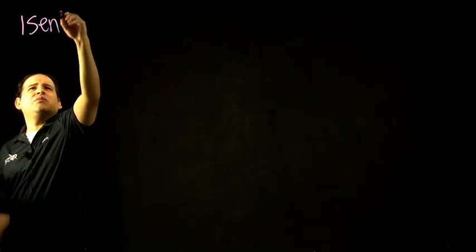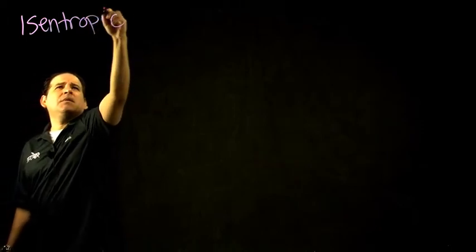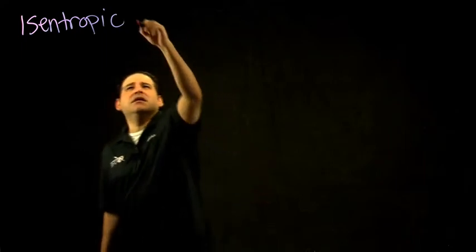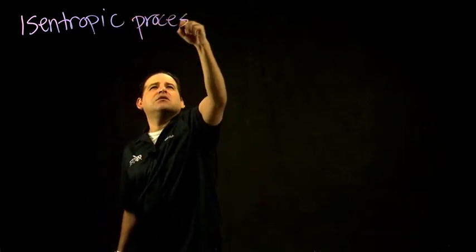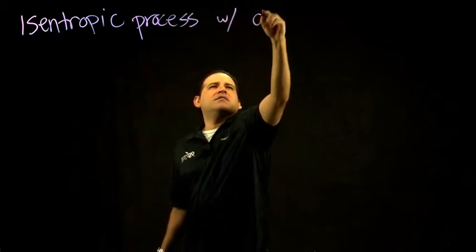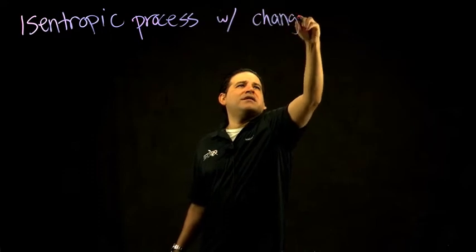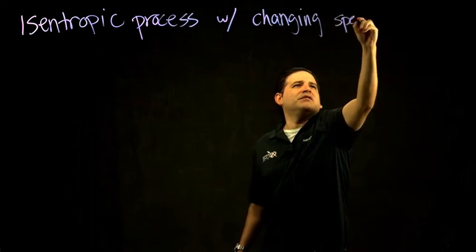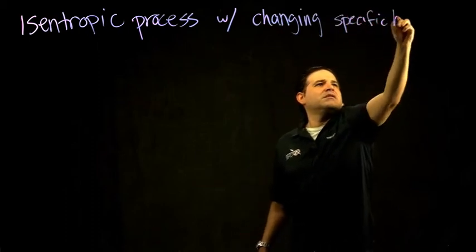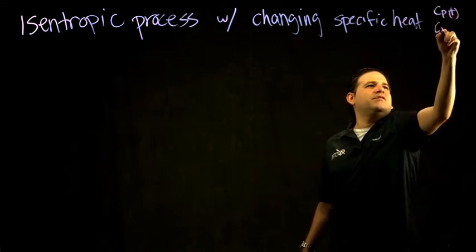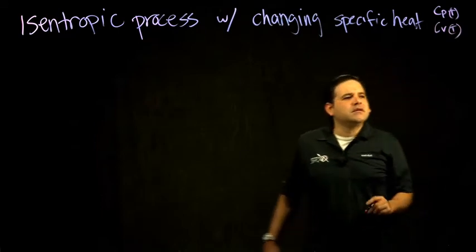So isentropic meaning no entropy change in the process going from one state to another state, and we'll account for the dependence of specific heat on temperature. So Cp as a function of temperature, Cv as a function of temperature. Okay?